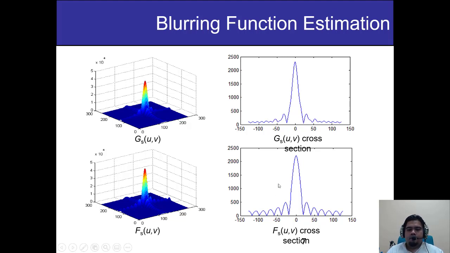The fact is you cannot directly divide this one by this one. The reason is that most of the time there's a point where your FS is 0. If this GS is divided by the point with 0 over here, for sure you will get infinity.